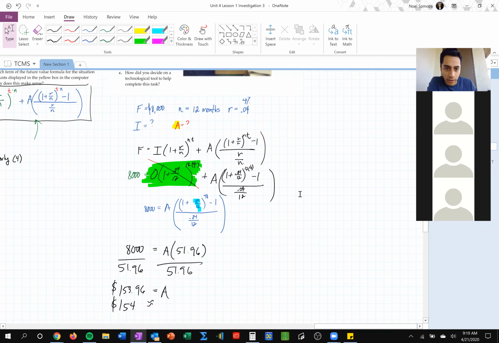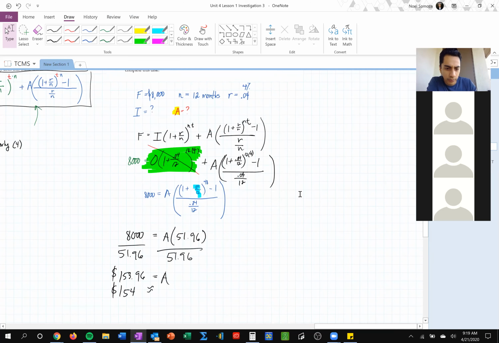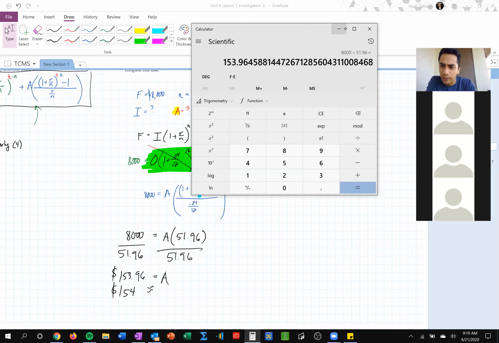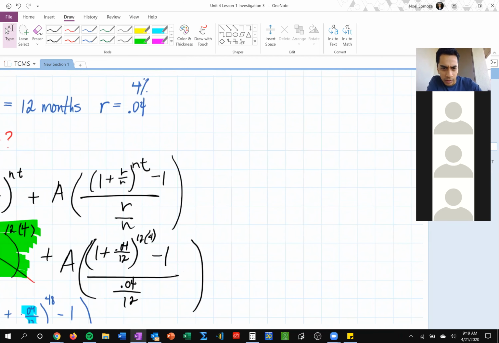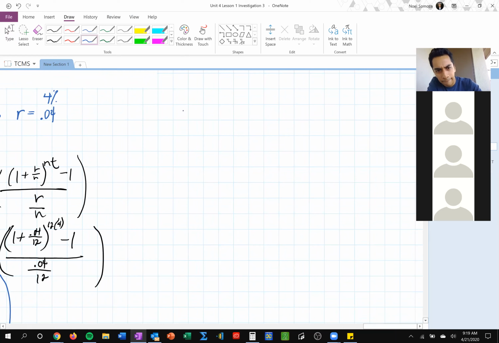Well, if we know that she's investing $153.96 every month for 4 years, we can break this off right here. $153.96 for every month, 12 months out of a year, and then again times the 4 years that she's going to do this.